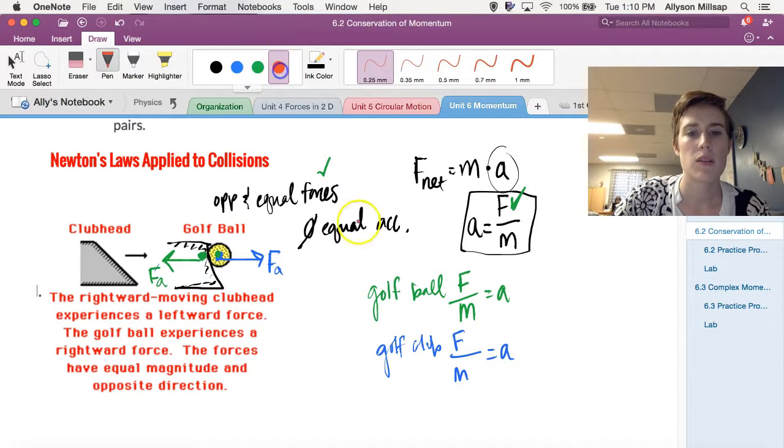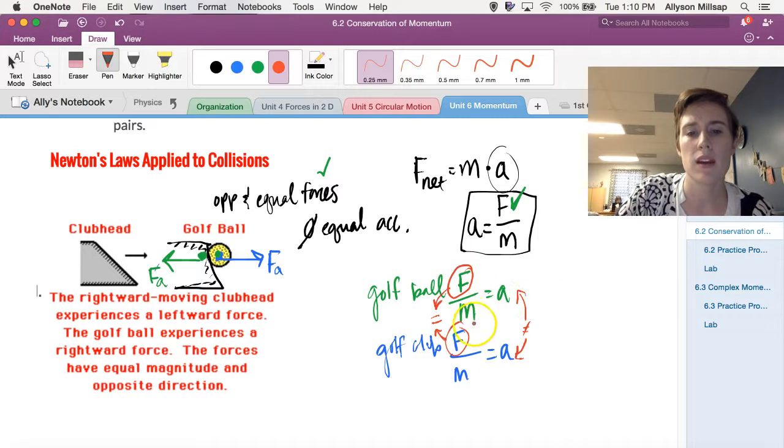So what's interesting is that these are equal to each other. The forces are equal to each other, but their accelerations are not equal. Okay, these are not equal to each other, but the forces are equal to each other. So what does that mean? It means that their masses must be different. That's the only other thing in the equation that could give us a different acceleration. The golf ball has a much smaller mass, and the golf club has a much larger mass.